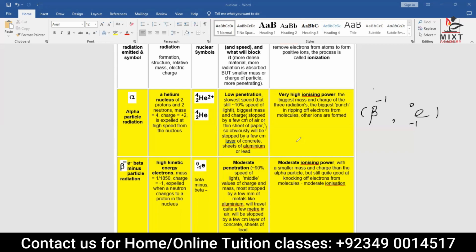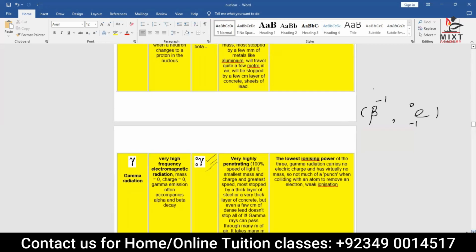Now, gamma particles or gamma radiation. They are very high frequency electromagnetic radiation with mass and charge equal to 0.